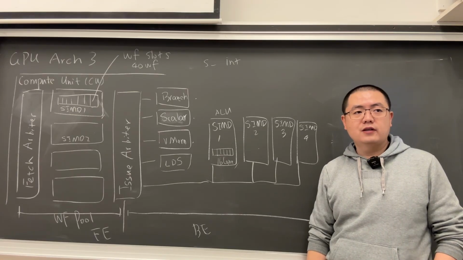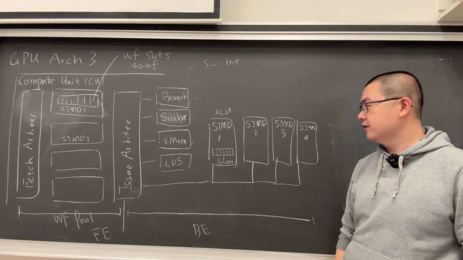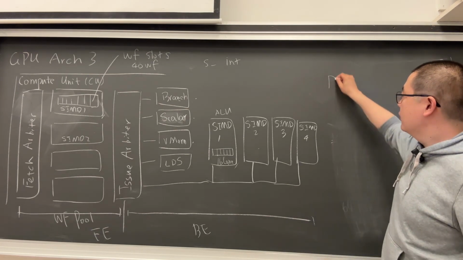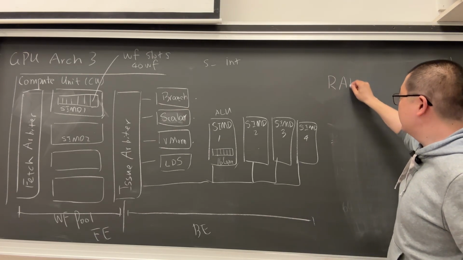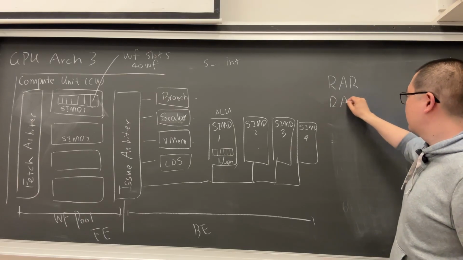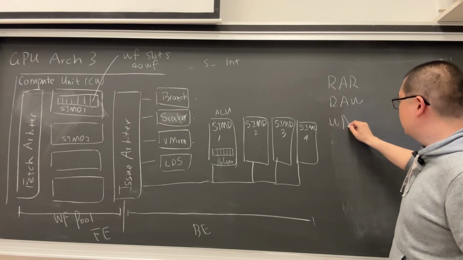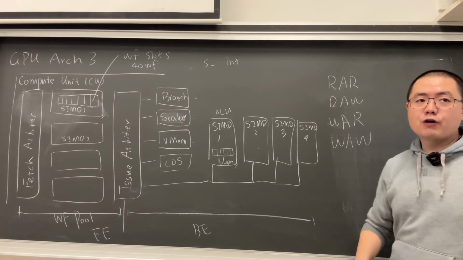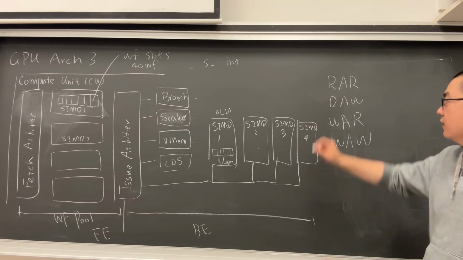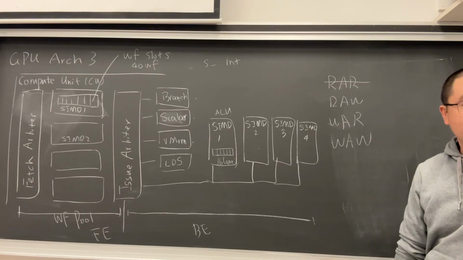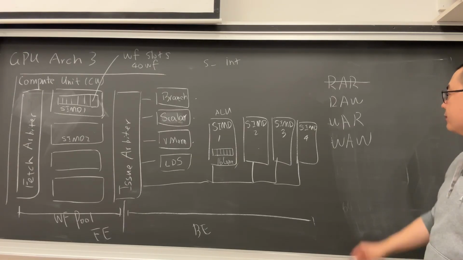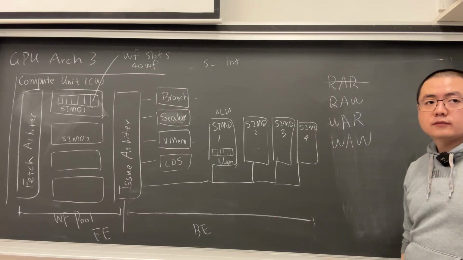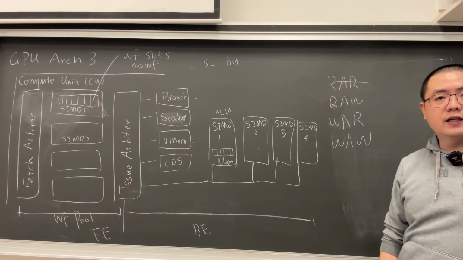Okay. What are the possible hazards? When we talk about hazards, immediately we should consider read after read, read after write, write after read, write after write, 4 possibilities, okay? Read after read is not a problem. We can read any number of times we want. What about read after write? In what case can we have read after write?